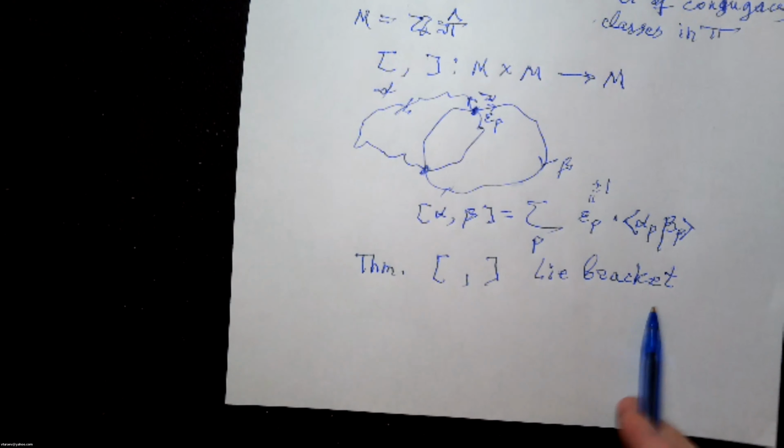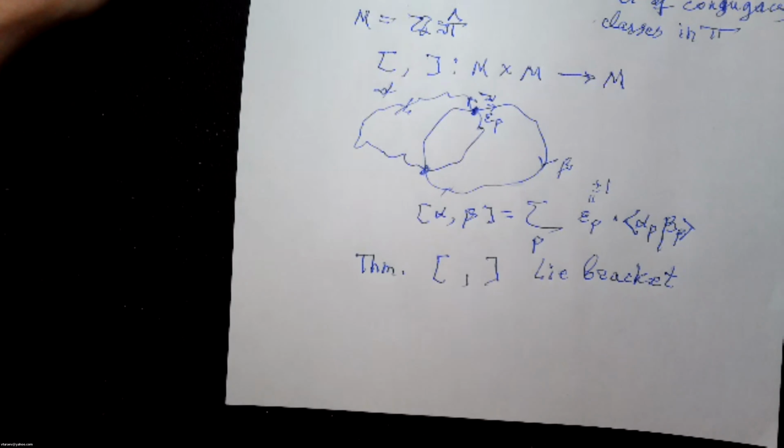Now, where it comes from: you may think of loops as functions. Every loop determines just a function on the Teichmüller space, or on the space of representations of the fundamental group.